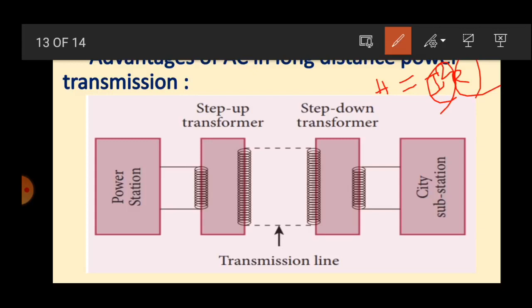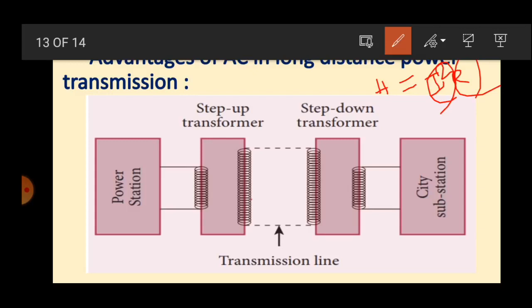Since the power produced is alternating in nature, there is a way out. The most important property of alternating voltage, that it can be stepped up and stepped down using a transformer, can be exploited in reducing current and thereby reducing power losses to a greater extent.